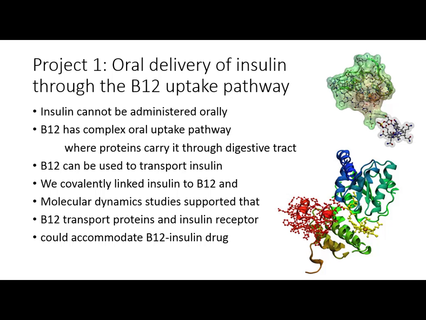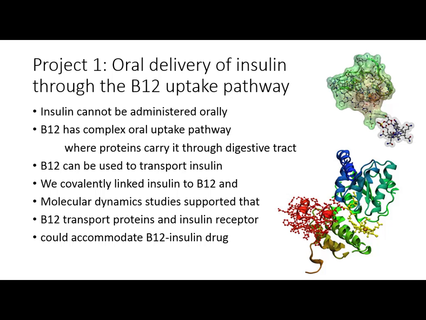And he made some images that showed vitamin B12 and insulin sticking to the B12 transport proteins. So this yellow unit right here is the vitamin B12, and this ribbon structure is the B12 transport protein, and that tether attached to insulin sticks right here, and the insulin actually fits in that protein and gets carried along for the ride, right?